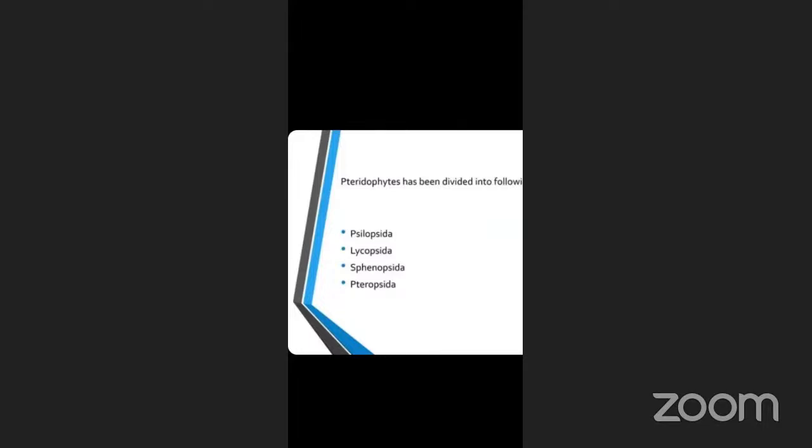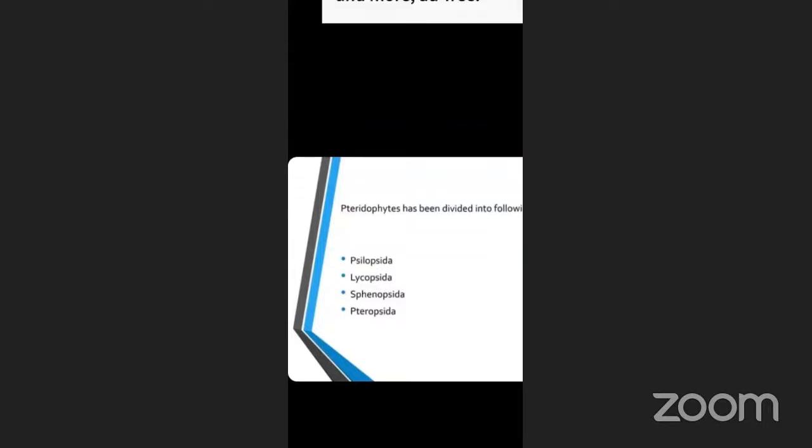After that, Smith, Bold, and Zimmerman, these botanists identified their characters and classified them into four divisions. So what is that? Psilopsida, Lycopsida, Spinopsida, and Pteropsida.